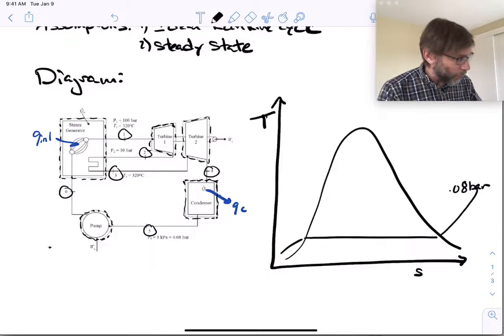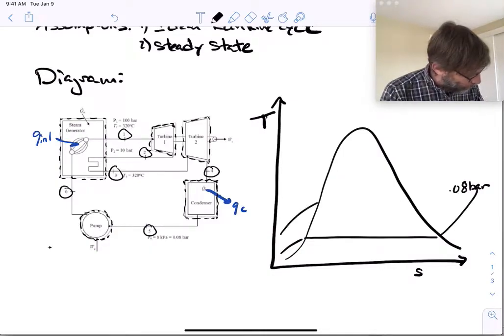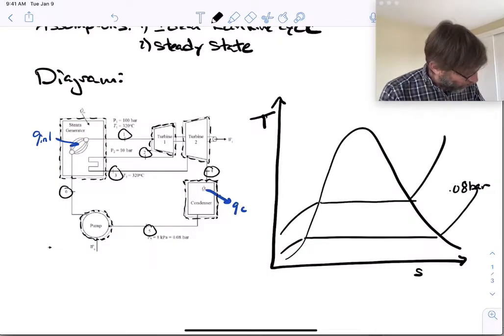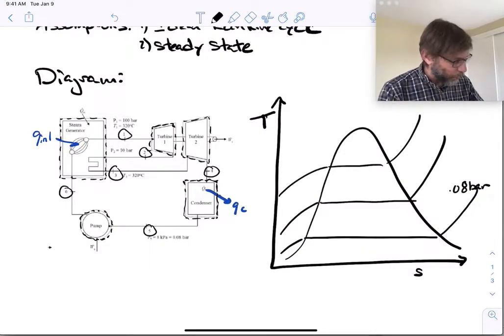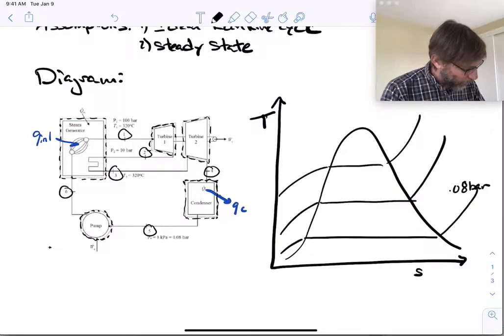We have another pressure that operates at 1 megapascal, which is here. So these are the 3 pressures: this one is at 10 bar, and this is at 100 bar.